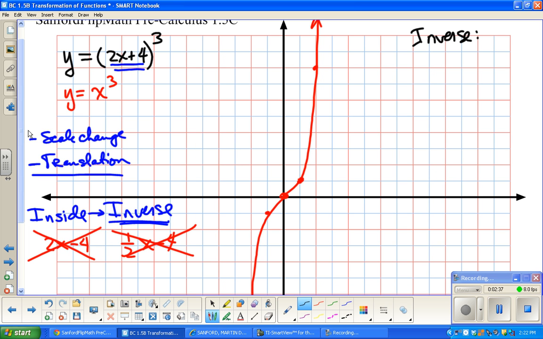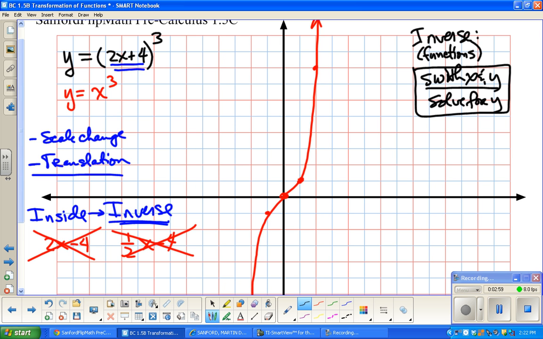If all I have is multiplication, the inverse is division. But if it gets a little more complicated than that, the inverse in terms of functions, in terms of equations, really means switch x and y, solve for y. Well, that sounds like a mess, especially if all we're talking about is 2x plus 4.